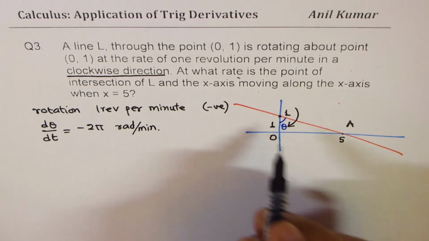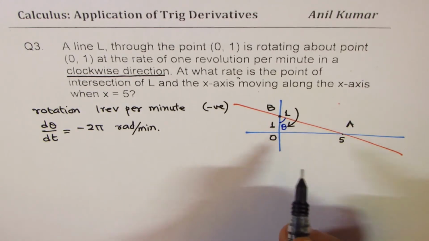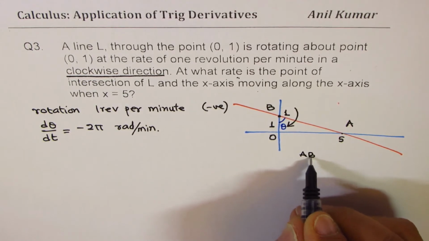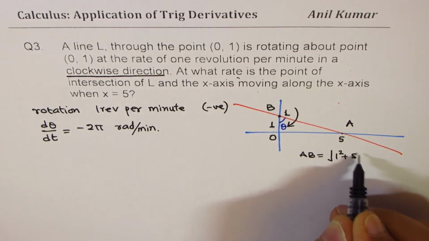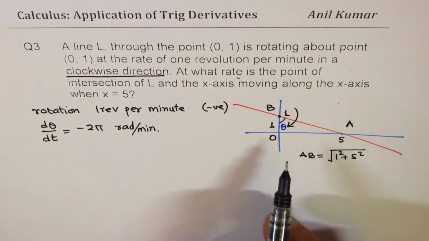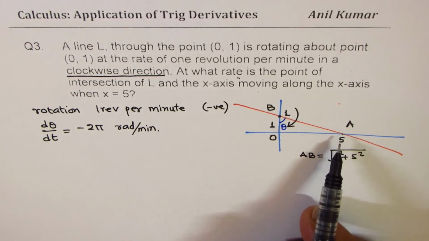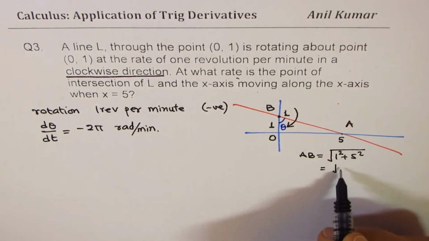Let's also call this point B. So what is AB equal to? AB will be the square root of 1 squared plus 5 squared. Correct? That is AB, the hypotenuse, which is square root of 26.